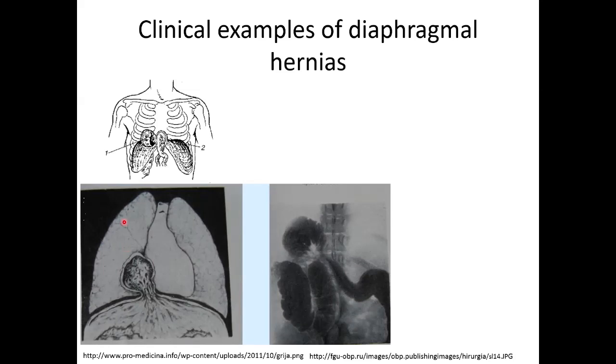Another example. Here is a picture which demonstrates how part of the stomach from the abdominal cavity enters the thoracic cavity, and you can see that it's placed close to the heart, and that's why it can also be difficult for normal function of the heart.